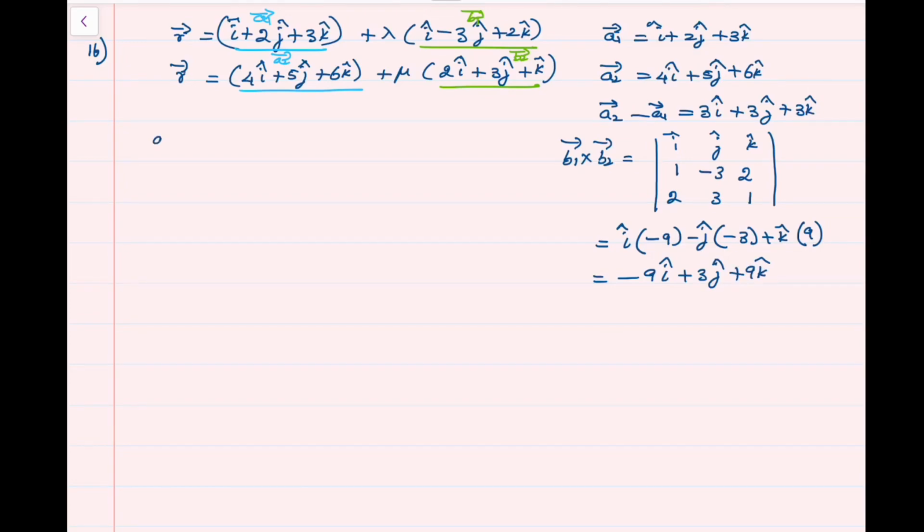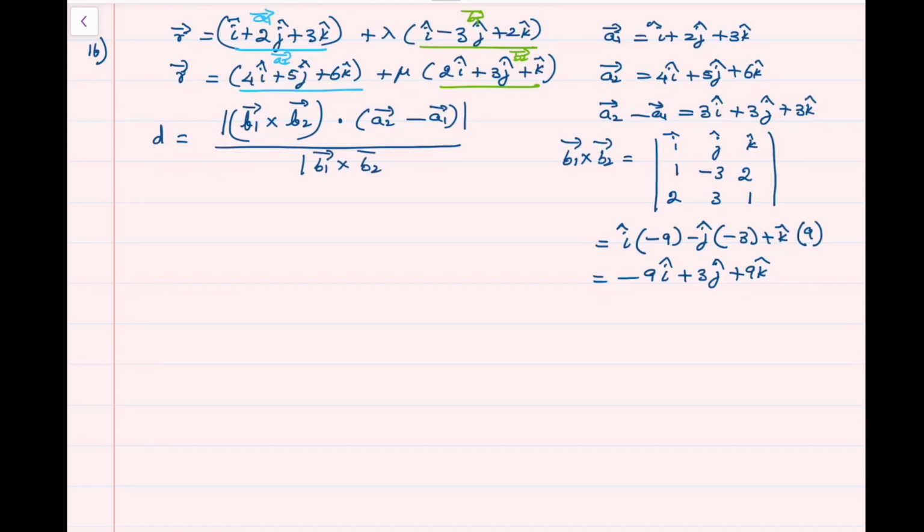The shortest distance formula is D is equal to absolute value of b1 cross b2 dot vector a2 minus vector a1, divided by magnitude of vector b1 cross vector b2. Let us find the dot product.